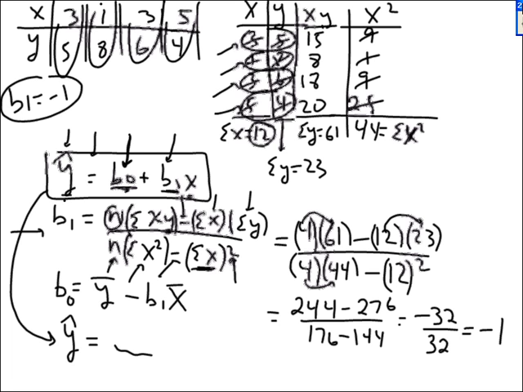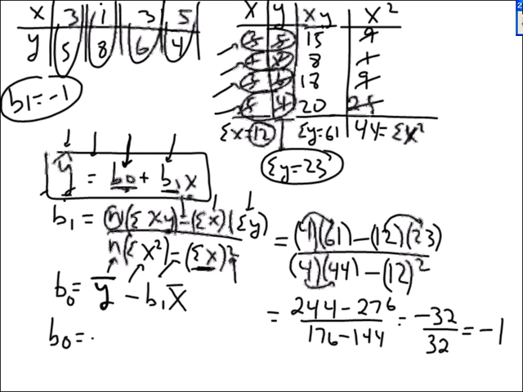Okay, now let me find b0. I lied. I'm not going to write the formula down there. I'm going to find b0. b0 is the average of the y's. You add up the y's, you get 23, and then you divide by how many there are, minus b1, which is negative 1, times the average of x.